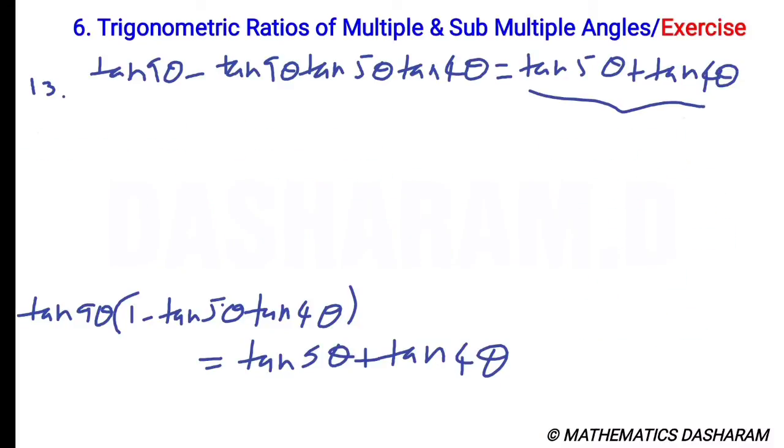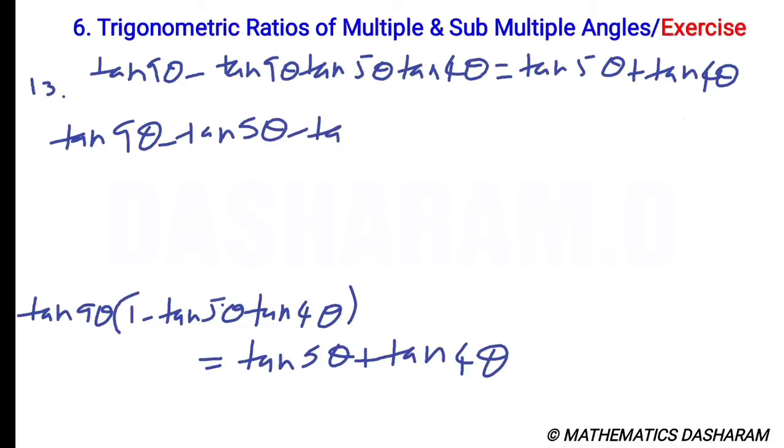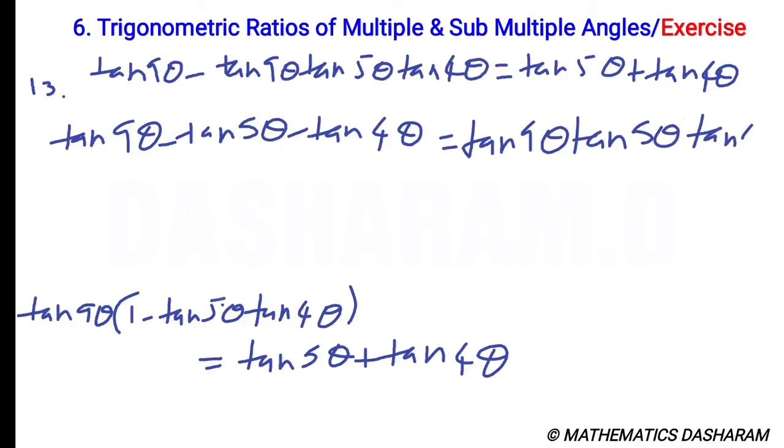Now transpose these two terms to the left side and this product to the right side. So when you transpose to the left side, tan 9 theta minus tan 5 theta minus tan 4 theta, and this negative product transposes to the RHS side: tan 9 theta into tan 5 theta into tan 4 theta. So hence proved.